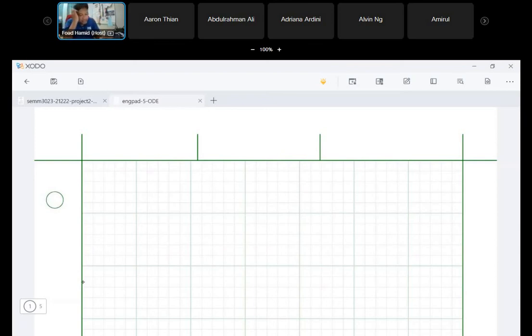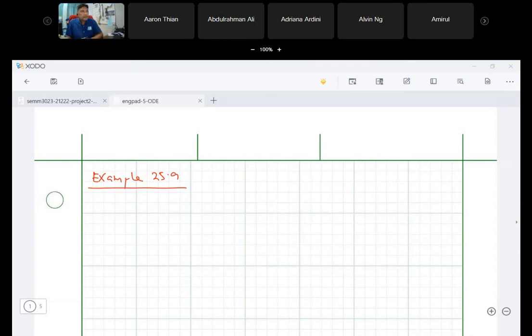So let's say I have these two equations. This is from your textbook, example 25.9.